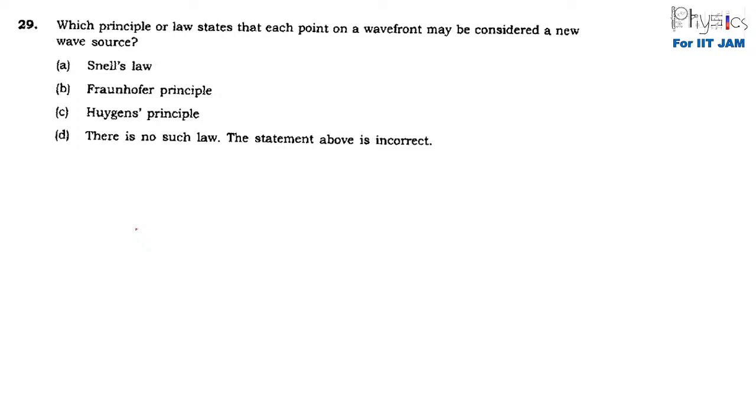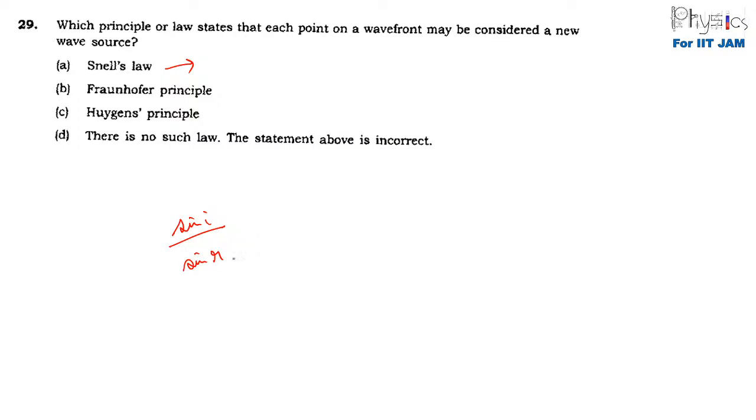Okay, first of all, this Snell's law. We know that Snell's law deals with the laws of refraction. That is, for a specific media and a specific color of light, the ratio of sine of angle of incidence by sine of angle of refraction is constant.